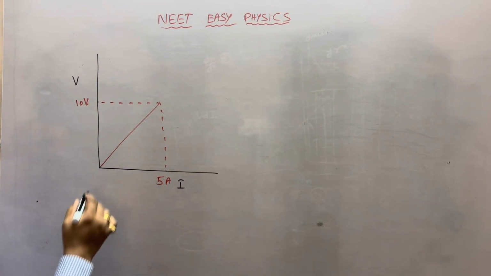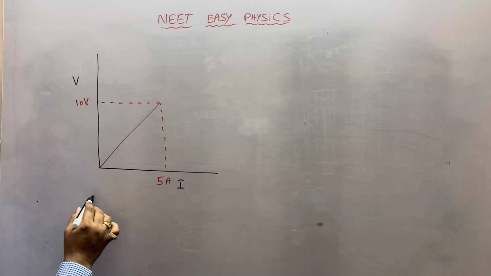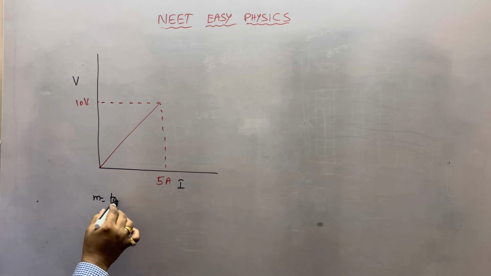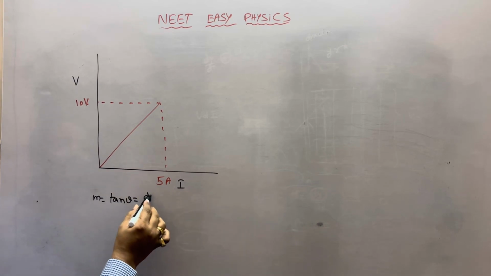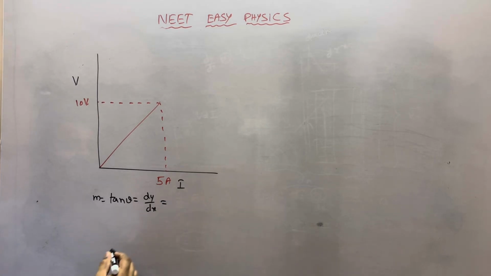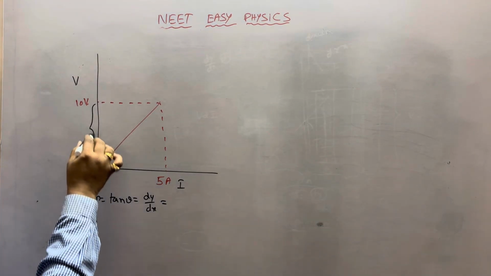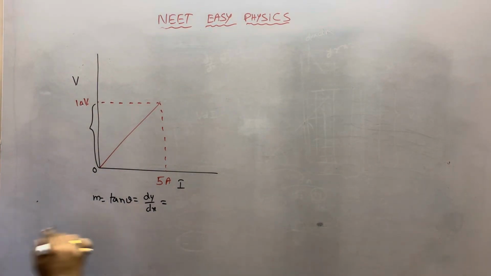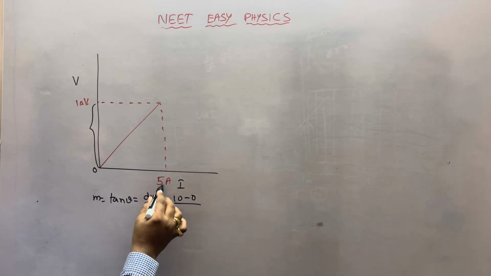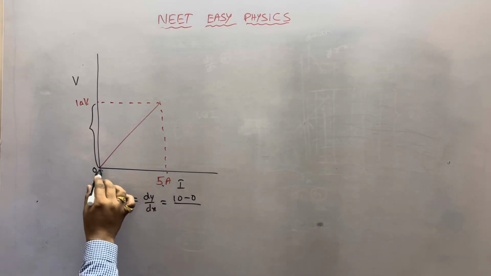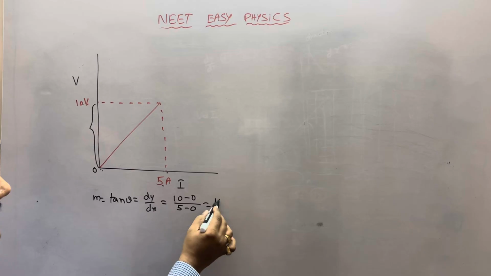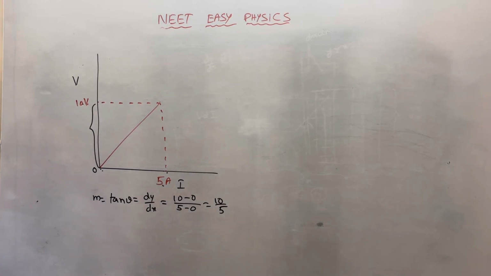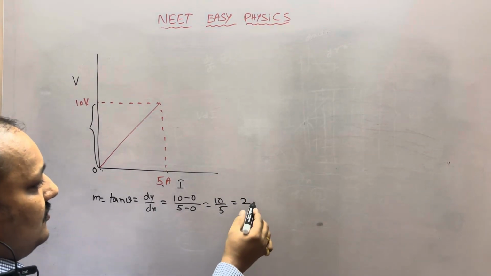Now if you calculate the slope, that is going to be tan theta, dy by dx. So what is dy here? 10 minus 0. What is dx here? 5 minus 0. That is 10 by 5. 10 by 5 is nothing but 2.